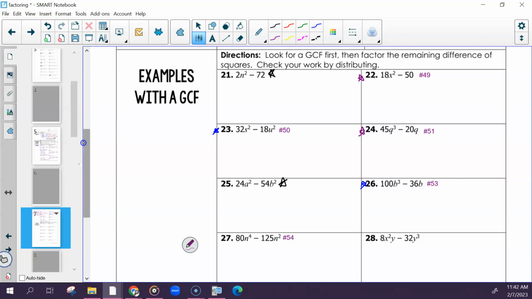These two, yes. If we're dividing these both by 2, what's left? What would be left inside those parentheses if we divided everything by 2?